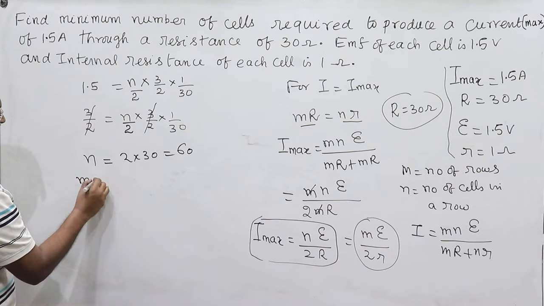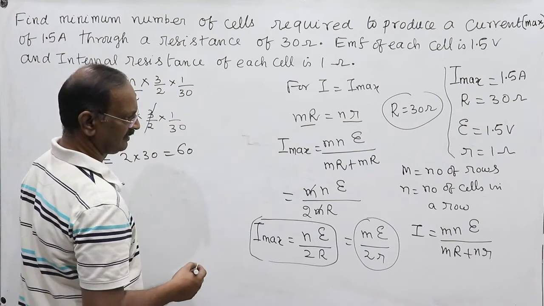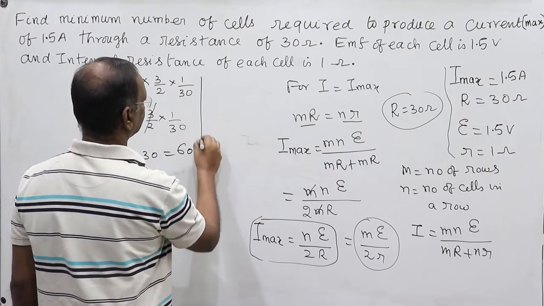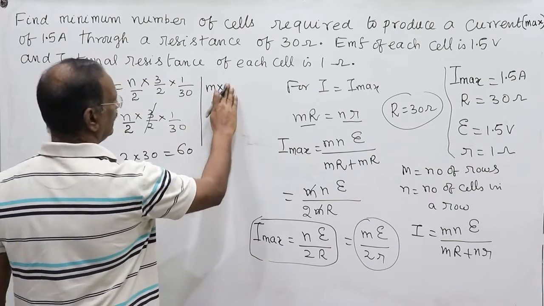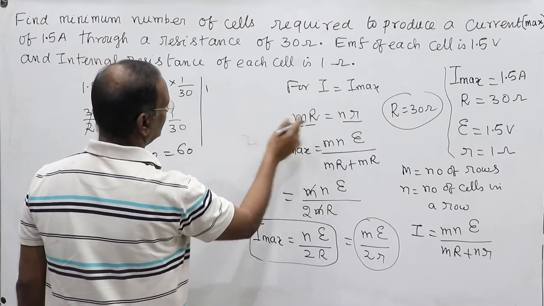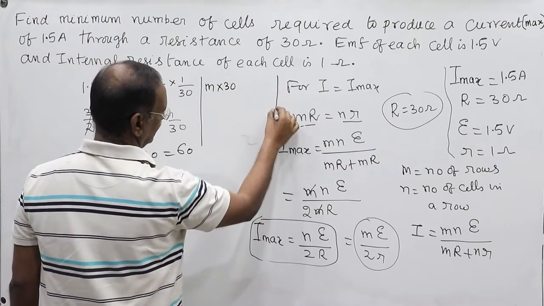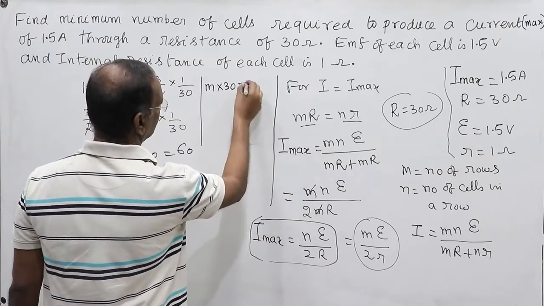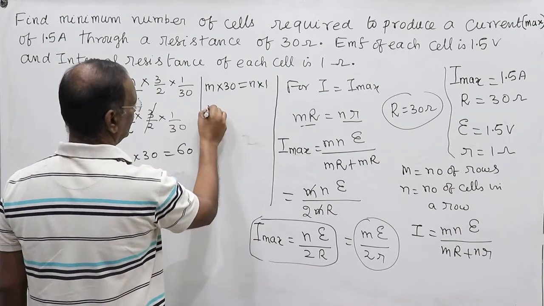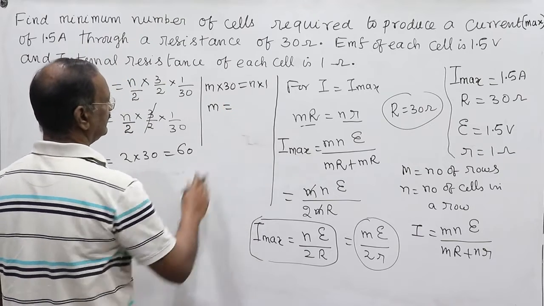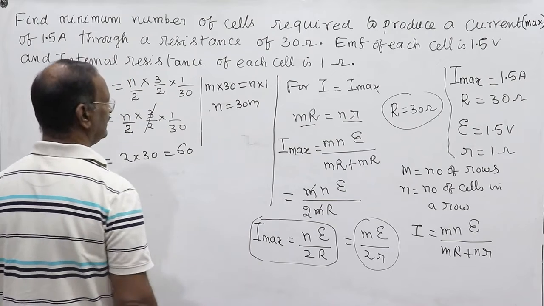And what about m? Here we have written m n. From the relation m r equals n r, m r is the external resistance, which is 30, and the internal resistance is 1. Therefore n is equal to 30 m.